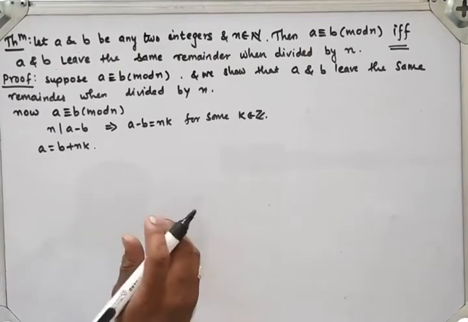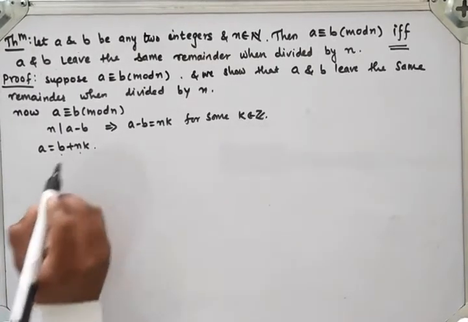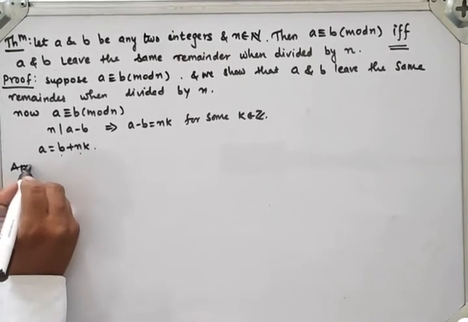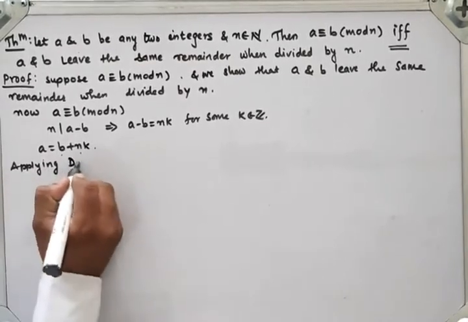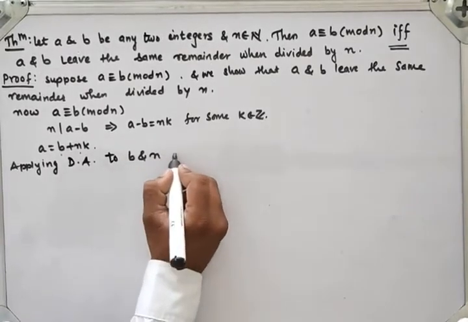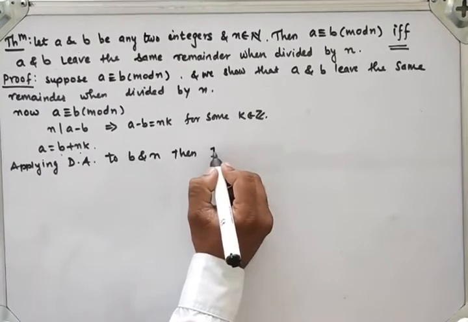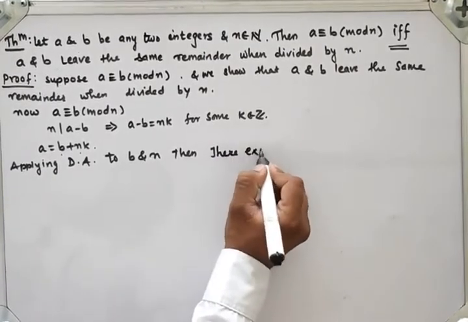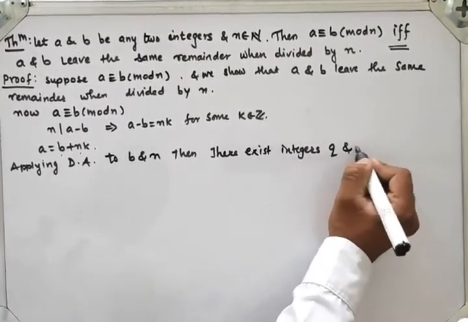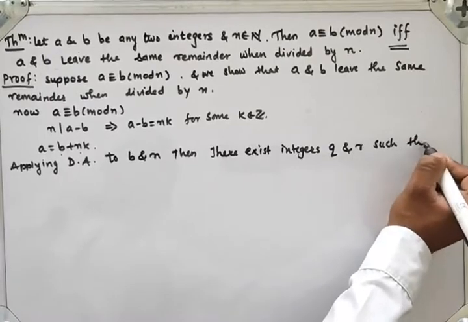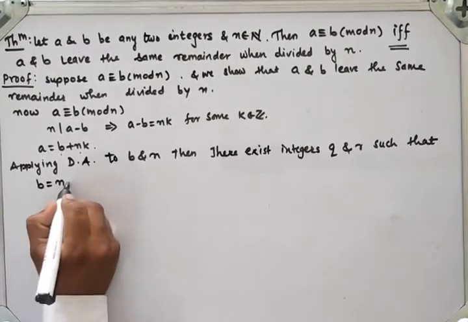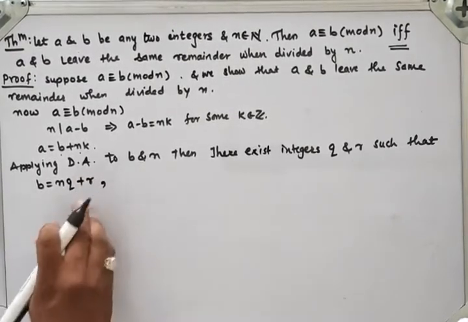Now if I apply the division algorithm between b and n, that means we divide b by n. So applying the division algorithm to b and n, there exist integers q and r such that b is equal to n into q plus remainder r. What is the condition on r?